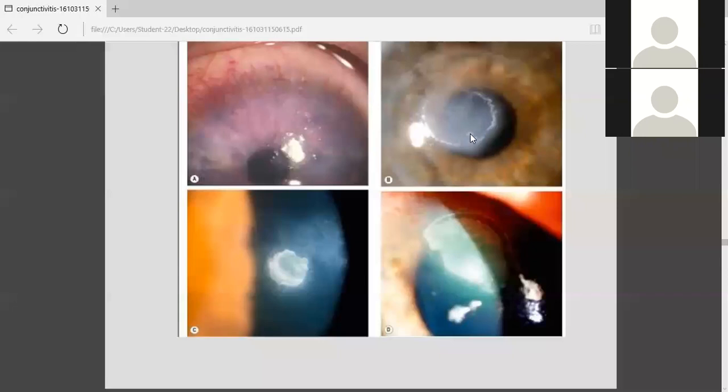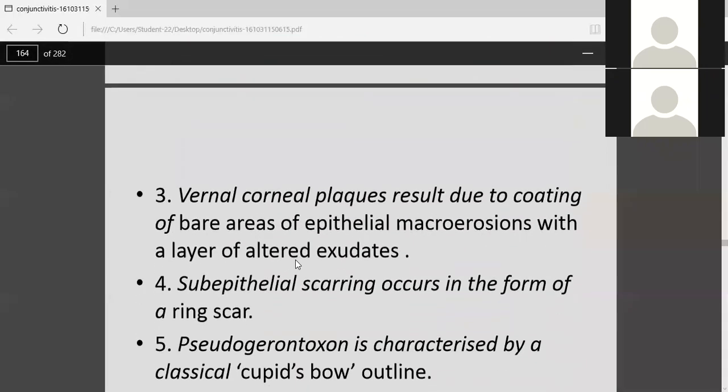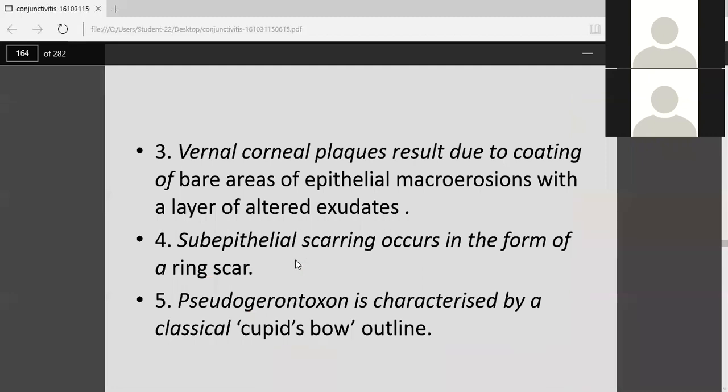This is also because of the rubbing effect of the papillae that are present in the upper eyelid, along with their striking the cornea, and they have produced this shield ulcer. This is also a shield ulcer. This is also a shield ulcer. The shape also will inform you that the type is shield ulcer. Sometimes plaques are also formed onto the cornea.